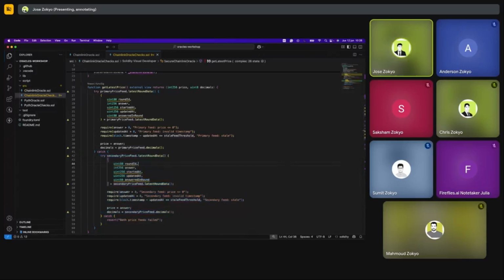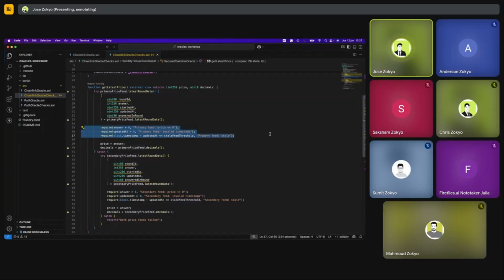Okay, so after that, the most important part here as well is the validation of the data returned from the oracle. Here we have the checks, which are mandatory from my perspective and should be included in every protocol. If the client does not execute these checks, I would definitely raise this as a vulnerability.